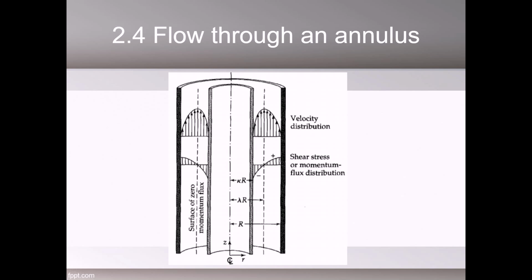So easily, the author gets this tau rz. And similarly, they easily get this Vz. Hopefully it's clear to you guys. Any question about this? After this, we will try to get the maximum velocity, the average velocity, the mass flow rate, and the shear stress.